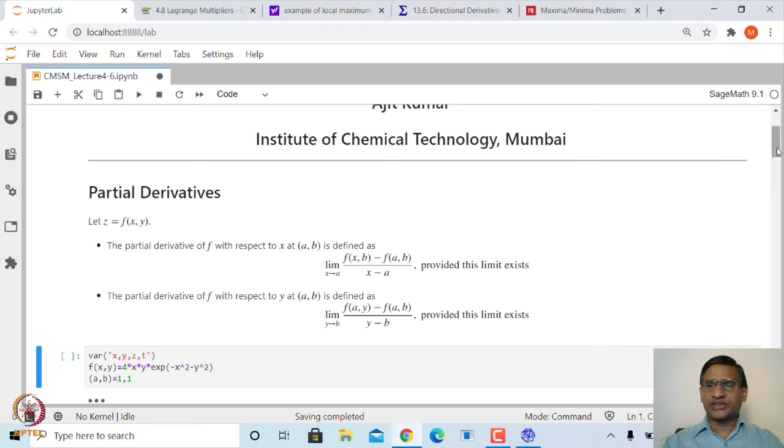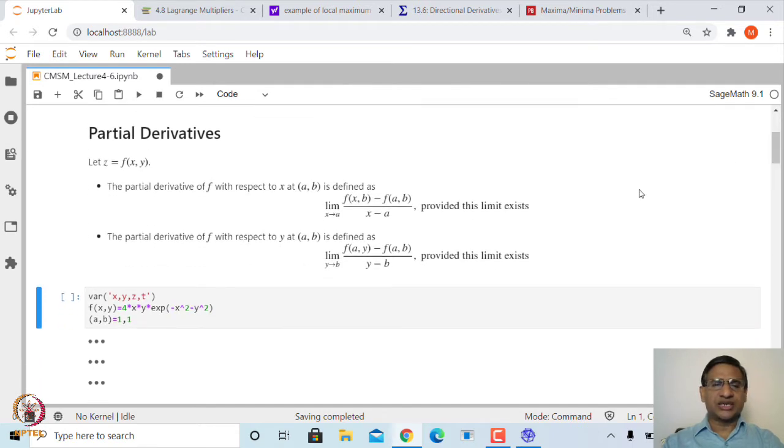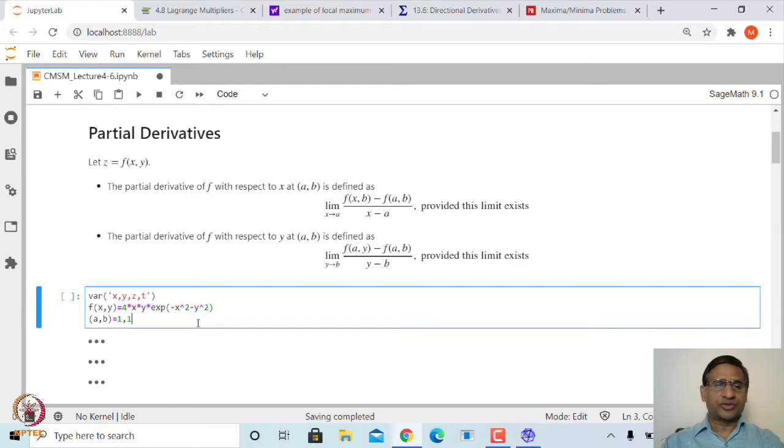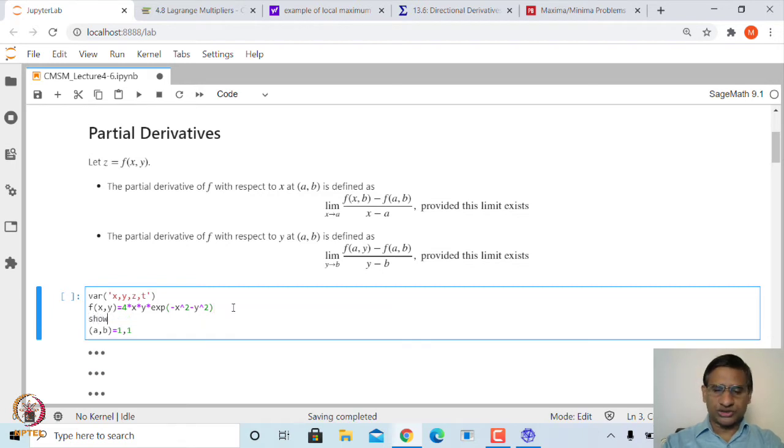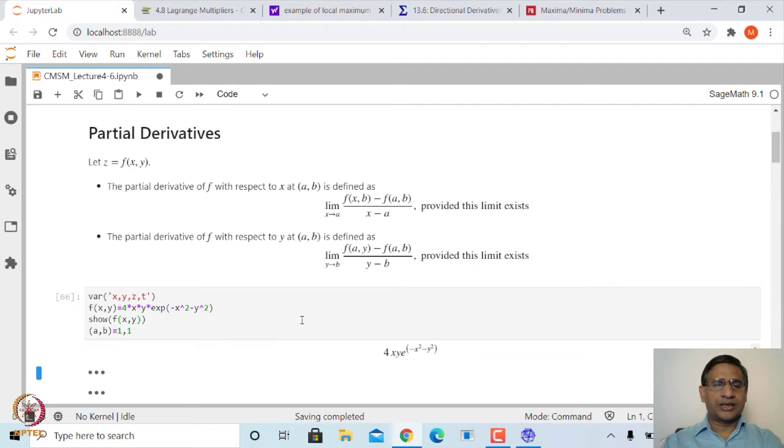So Sage can find partial derivatives of any function, provided they exist, using the same function diff, or differentiate. Suppose we have the function f(x, y) equal to 4xy times e to the power minus x square minus y square. Let us take the point (a, b) equal to (1, 1).